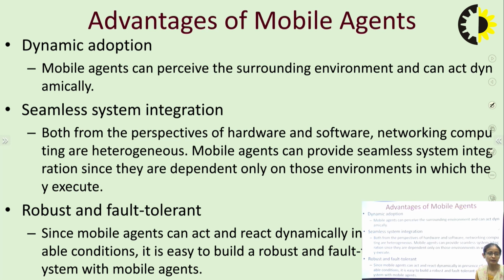Mobile agents can provide seamless system integration since they are dependent only on those environments in which they execute. Robust and fault tolerant, since mobile agents can act and react dynamically in the presence of unfavorable conditions. It is easy to build a robust and fault tolerant distributed system with mobile agents.